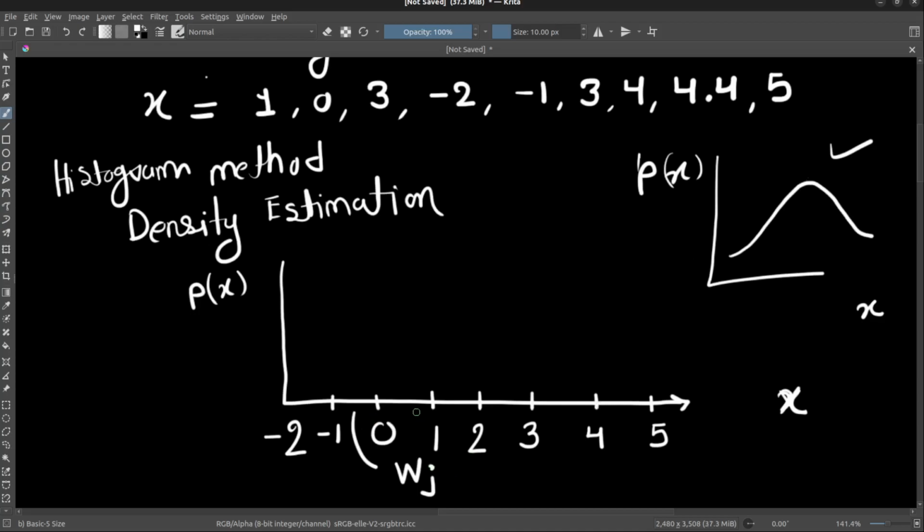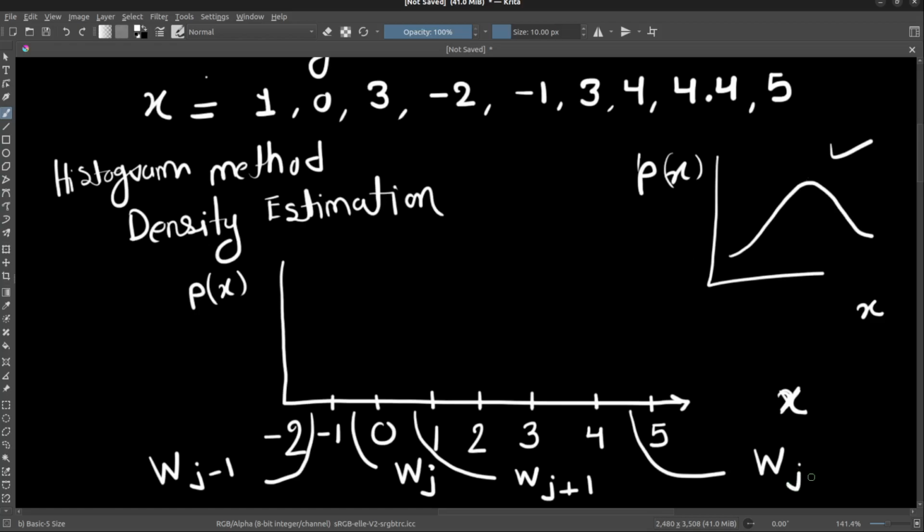This particular window will be wj plus 1, this will be wj minus 1, and this is plus 1, plus 2, plus 3, plus 4 and plus 5, and so on. Here wj is basically fixed to 1.